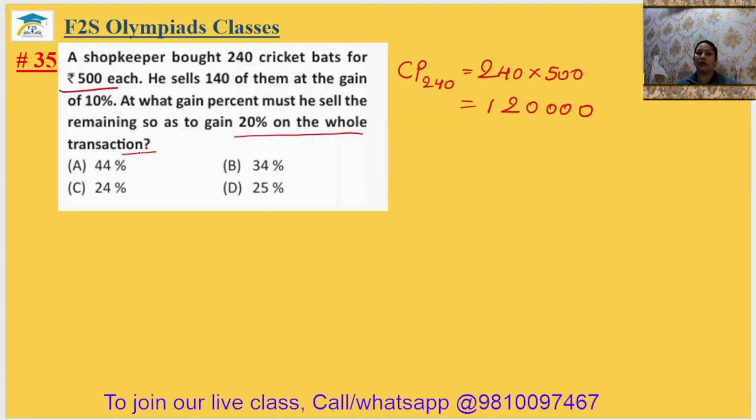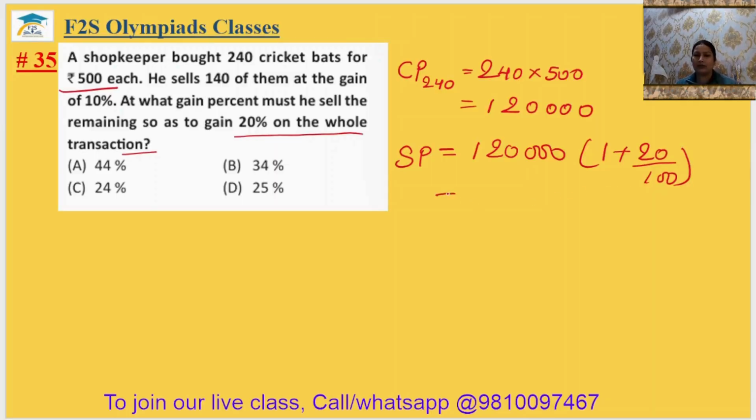Now, what should be the gain? 20% on the whole transaction. So what should be the SP considering the 20% gain? It will be your CP, that is 1,20,000 multiplied by 1 plus profit percentage, that is 20 upon 100.